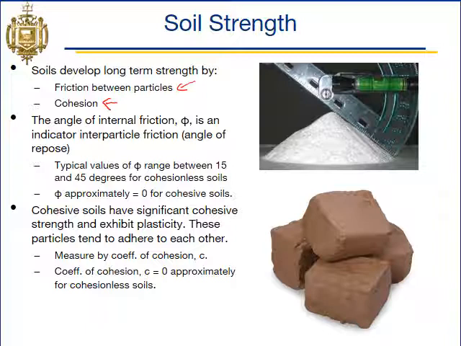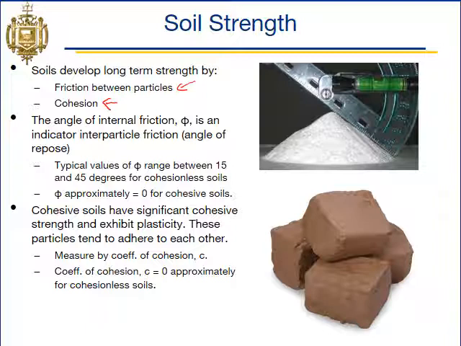So the total strength of a soil is going to be the sum of those two. If you have a mixed soil with cohesive and non-cohesive materials, you'll have some combination of friction between the particles and cohesion that gives that soil its total strength.